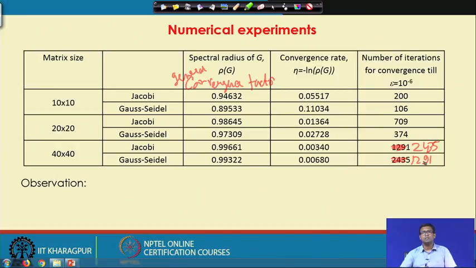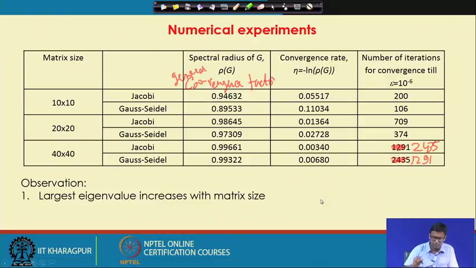However, Jacobi consistently gives a larger spectral radius than Gauss-Seidel, and it consistently takes more iterations than Gauss-Seidel, and the convergence rate is reversed in both cases. So, the observations are: the largest eigenvalue, or the spectral radius, increases with matrix size.